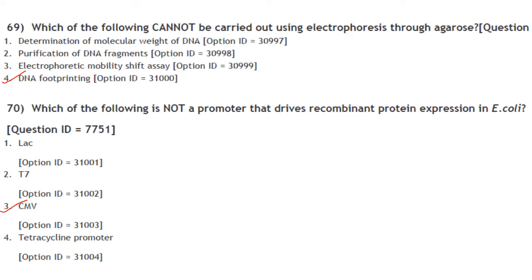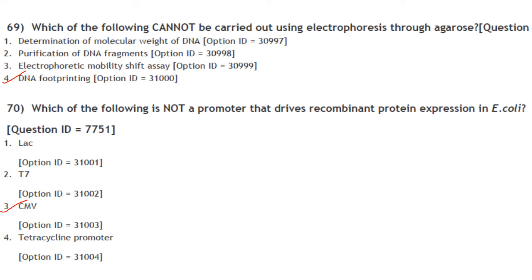It is based on the observation that protein-DNA complexes migrate more slowly than free linear DNA fragments when subjected to non-denaturing polyacrylamide or agarose gel. Whereas DNA footprinting uses PAGE gels to study DNA-protein interactions. So the answer here is option 4. It cannot be carried out using agarose gel electrophoresis.